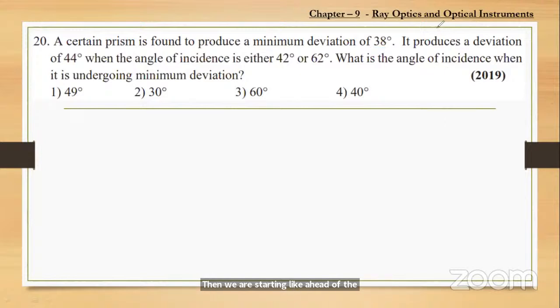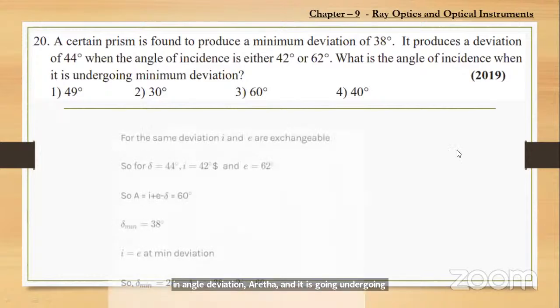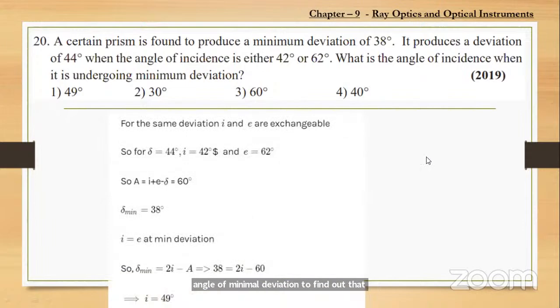So remembering that, what is the angle of deviation when it is undergoing minimum deviation? At what angle does the deviation happen when it is undergoing the angle of minimum deviation? It produces a deviation of 44 degrees when the angle of incidence is 42 or 62.